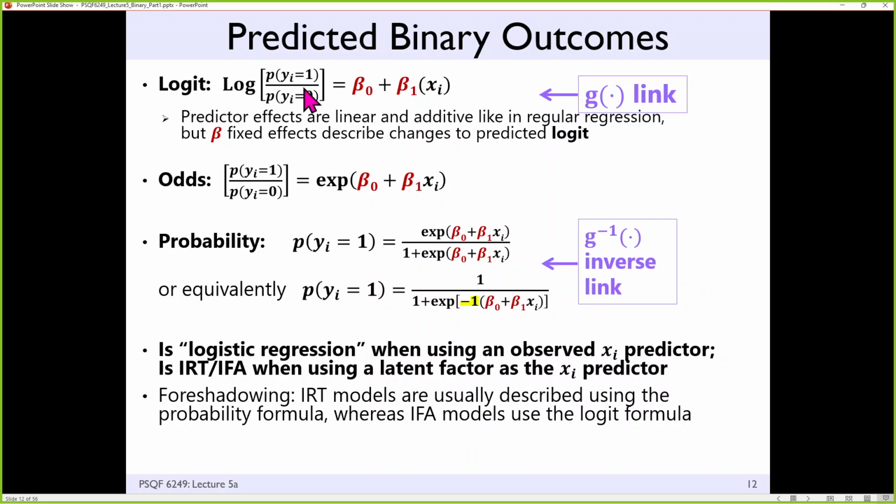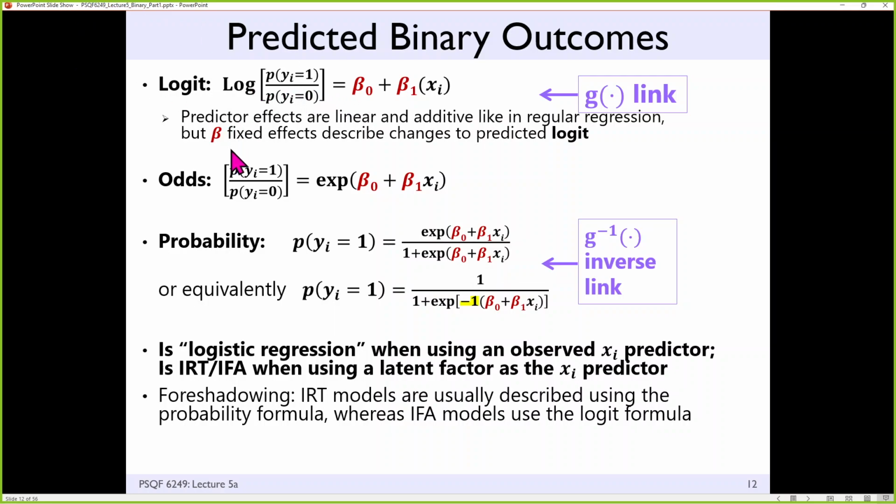So I'll get something back like, 2.3 is my predicted outcome. Like, whoa, what is that? It's in logits. I know that if it's above 0, that it's closer to a probability of 1. And I know that if it's below 0, it's closer to a probability of 0. But logits are not a directly intuitive metric.